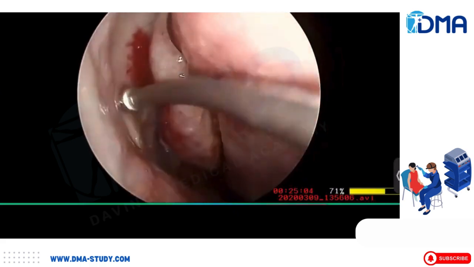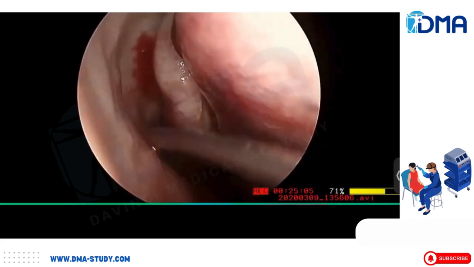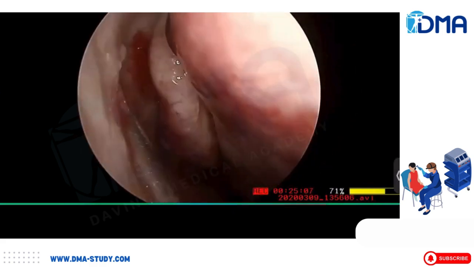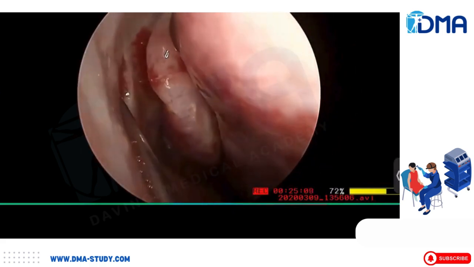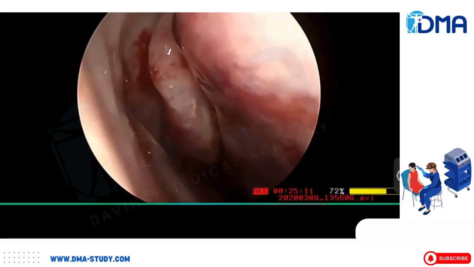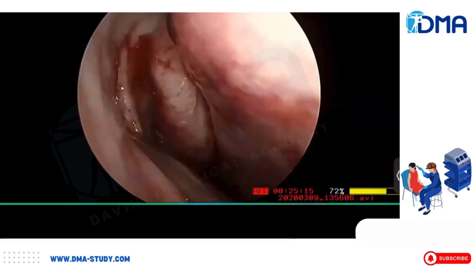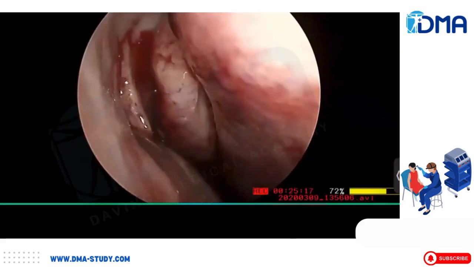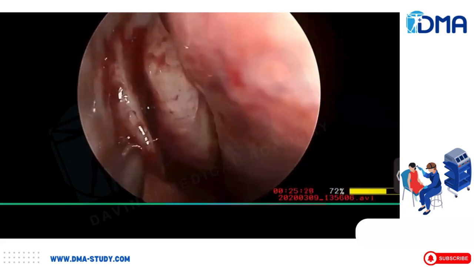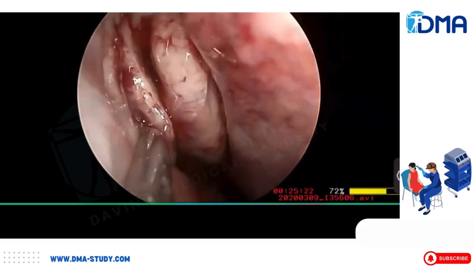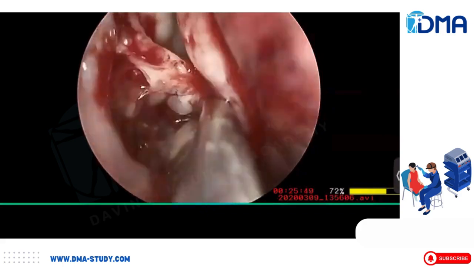See, this is the right side nasal cavity. I'm doing FESS surgery. The projected structure that you see over there is the middle turbinate. This is the uncinate process which is covering the maxillary sinus ostium, or antrum. This process of removing the uncinate process is called uncinectomy.